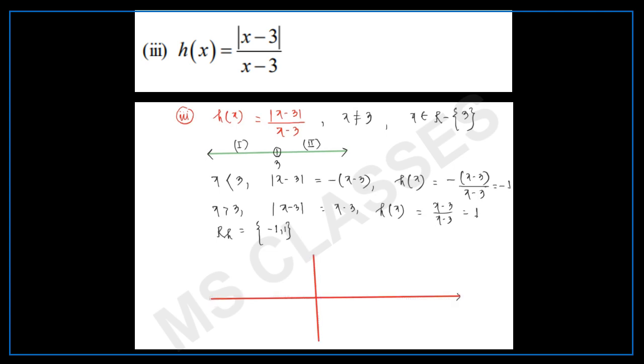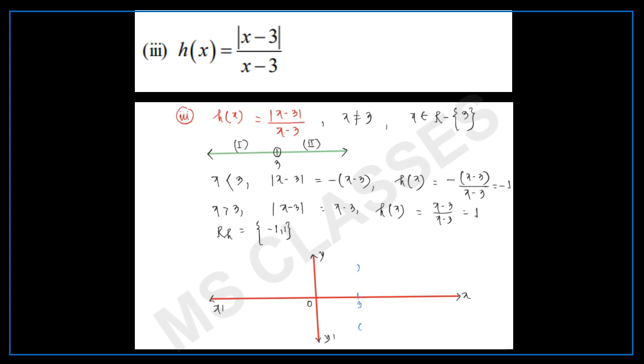If we represent this graphically, this is x, this is y, this is x prime, and this is y prime. At 3, not possible, because that is not in the domain. So we consider greater than 3 and less than 3.